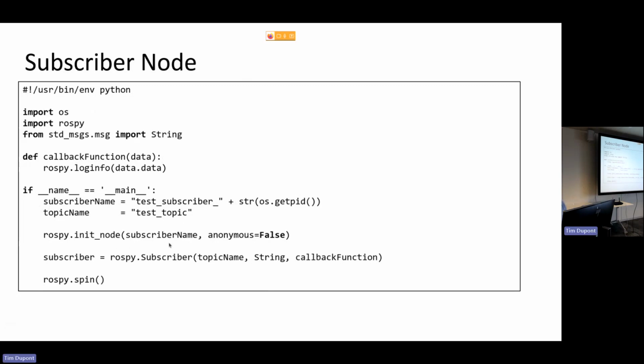We initialize the node the same way, the name and not anonymous. And to subscribe to a topic, you just type rospy.Subscriber, the topic name, the string type, and a callback function. Each time data is pushed onto the topic, the callback function will be executed, and you can receive the data. So in a few lines, you can receive data from a topic.